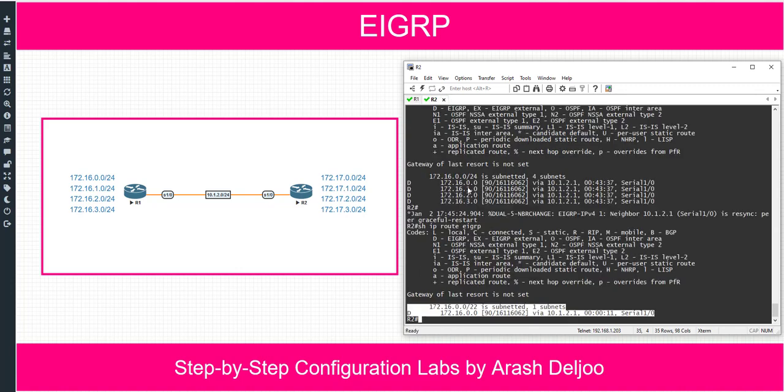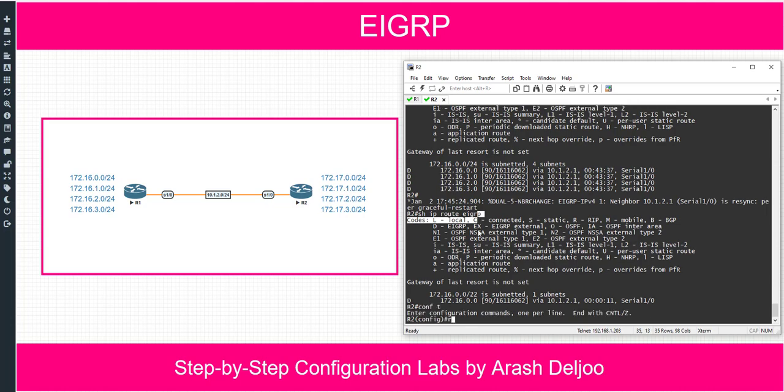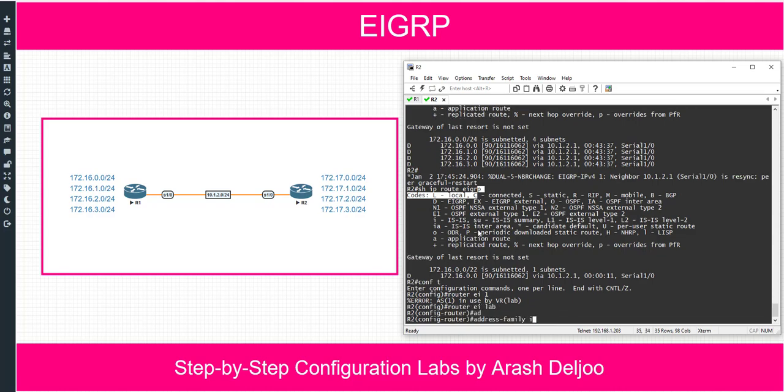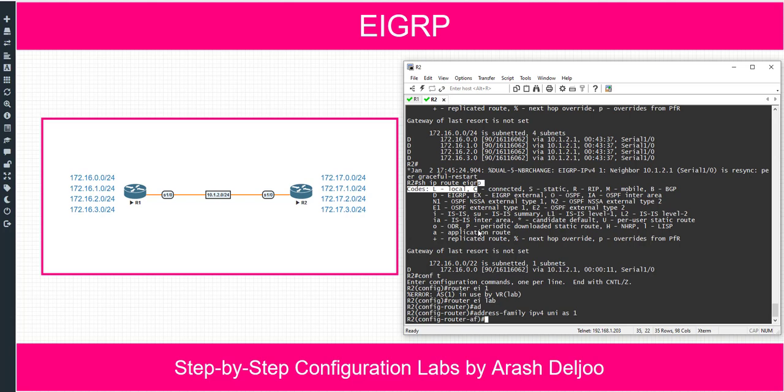That's it. Then in router 2 also, I want to configure manual summarization for these four networks. Here I configured EIGRP with the named mode. Because of that, we should go to router eigrp lab, and then address-family ipv4 unicast autonomous-system 1.